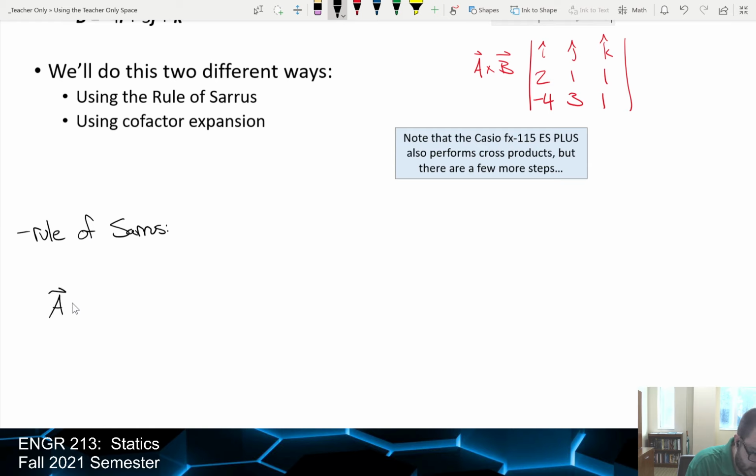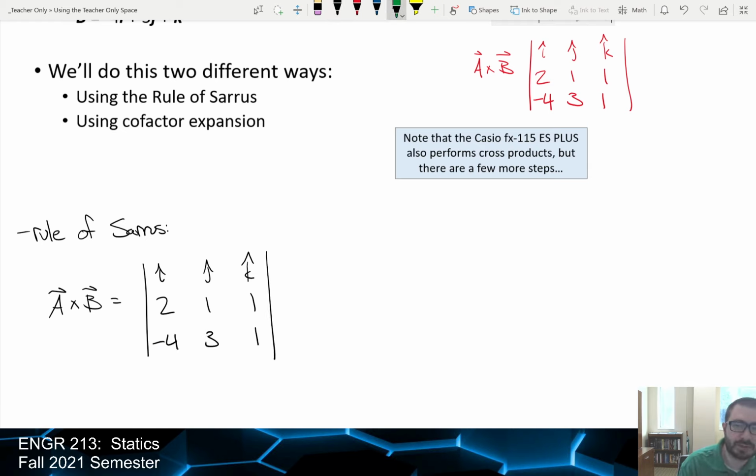So to do A cross B, what you do is you repeat the first two columns over here on the right. So you'd say i, 2, negative 4, j, 1, and 3. You just rewrite them, okay?